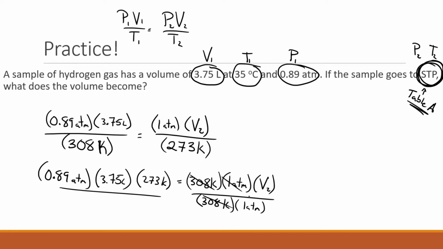So we get our cancellation here. And when we solve for V2, we are going to end up with a number that looks like this. 2.958 liters is going to be equal to V2.